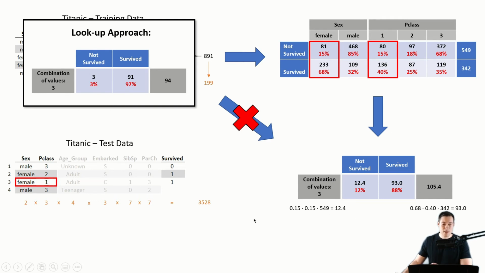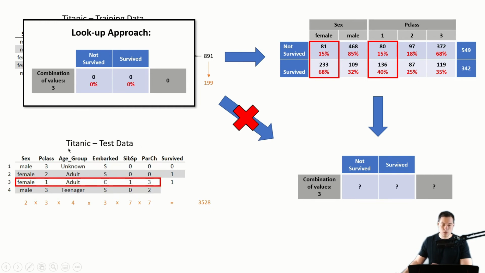completeness, let's check what our estimations are when we actually consider all the features again. And here, as you may remember, this lookup approach didn't work anymore. There we had 0 examples in our training data for the combination of values from test passenger 3. So now let's see what we will predict with our estimation approach.